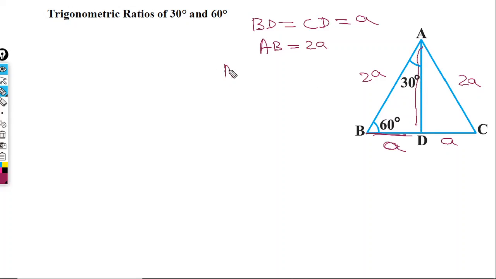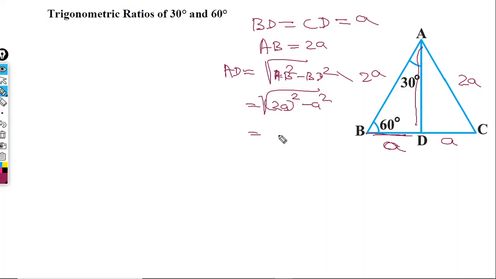As it is a right angle triangle, AD equals root over AB square minus BD square, as AB is the hypotenuse. So root over 2A square minus A square, which is 4A square minus A square, which equals 3A square, or root 3A.